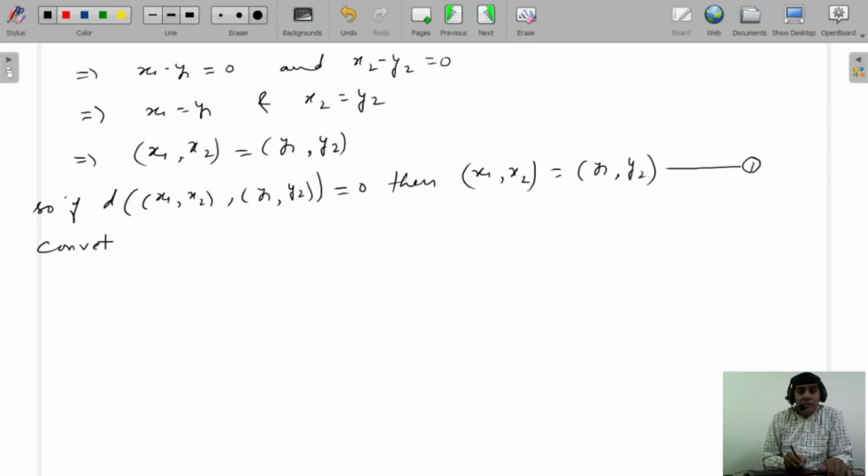Conversely, suppose (x1, x2) is equal to (y1, y2).